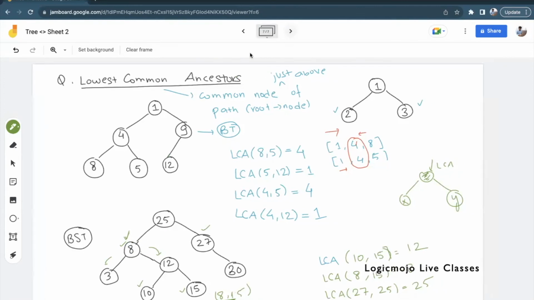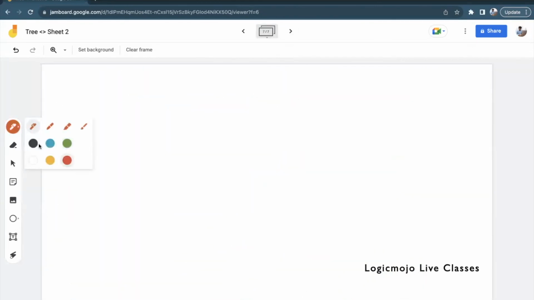So simply we can write the approach here: LCA in a BST. What we are doing is, if both are smaller, then we ask root to move to the left side.